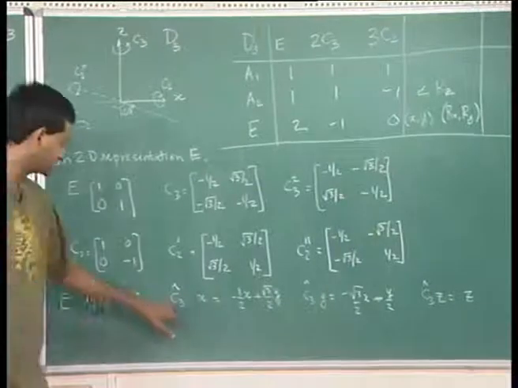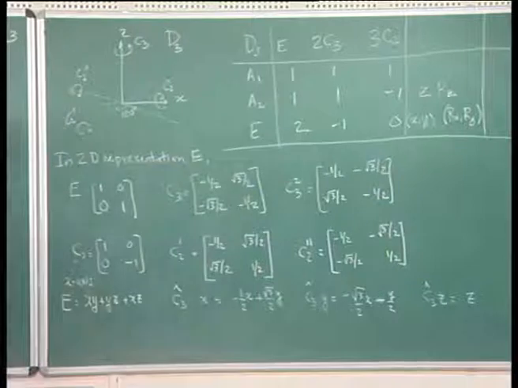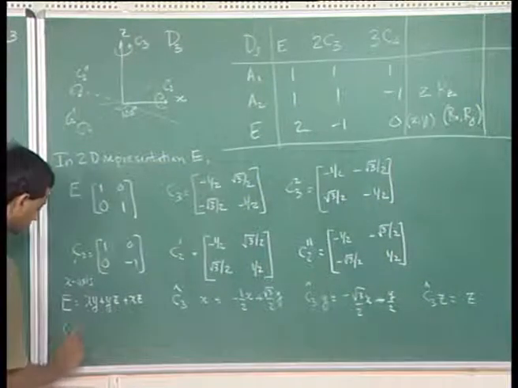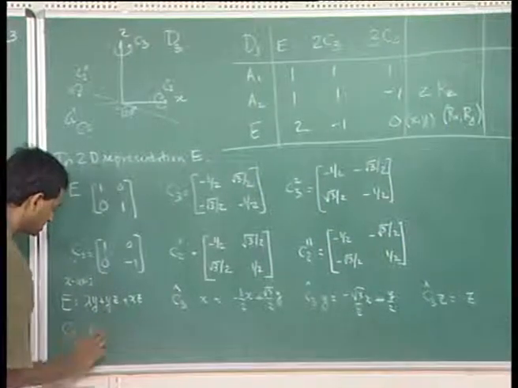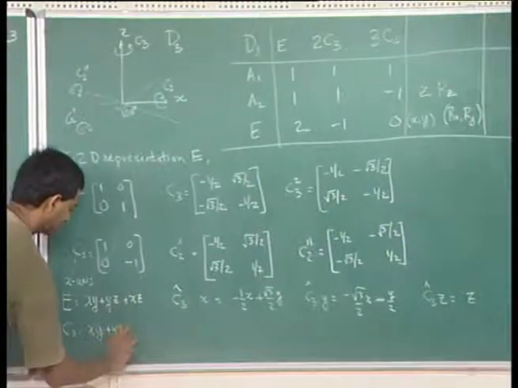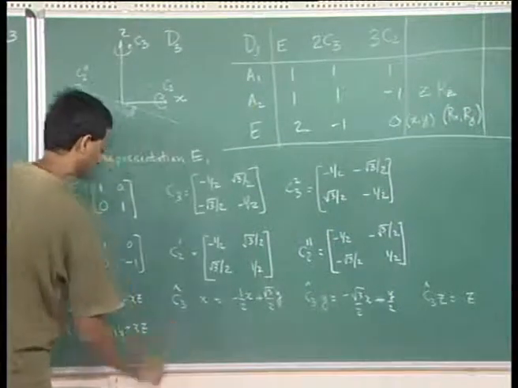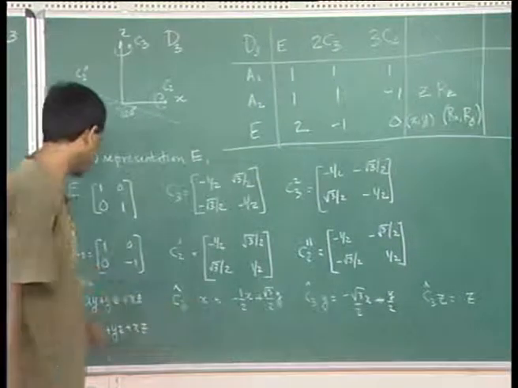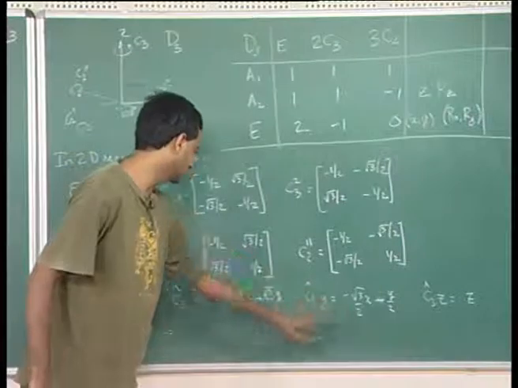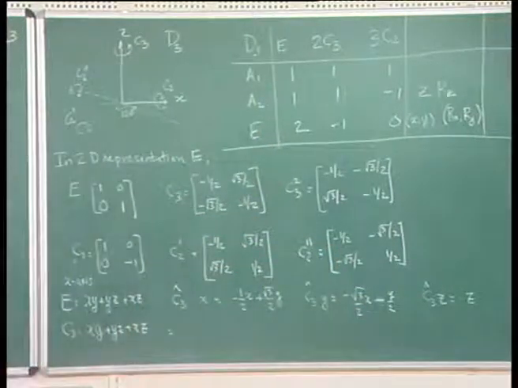So what we have seen is what happens when C3 operates on X, Y and Z. So now you can calculate what happens when C3 operates on XY plus YZ plus XZ. So X into Y is the product of these two, Y into Z will be the product of these two, and X into Z will be the product of these two, and I will write the total expression.